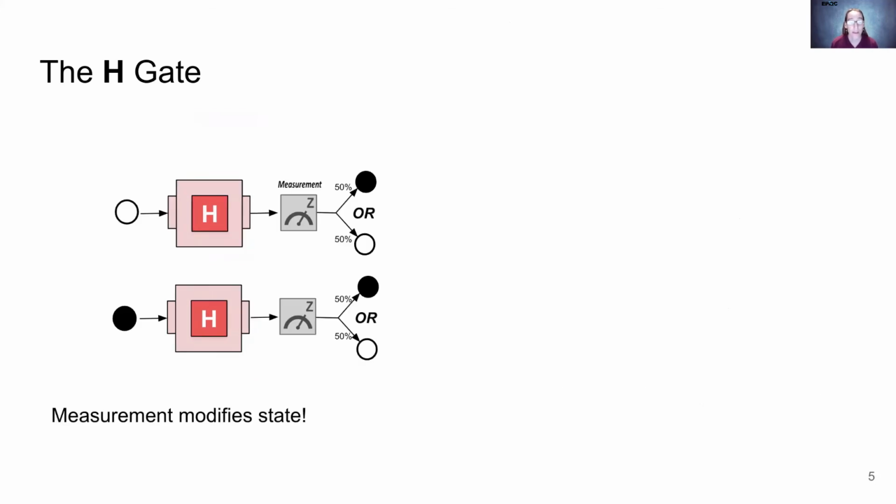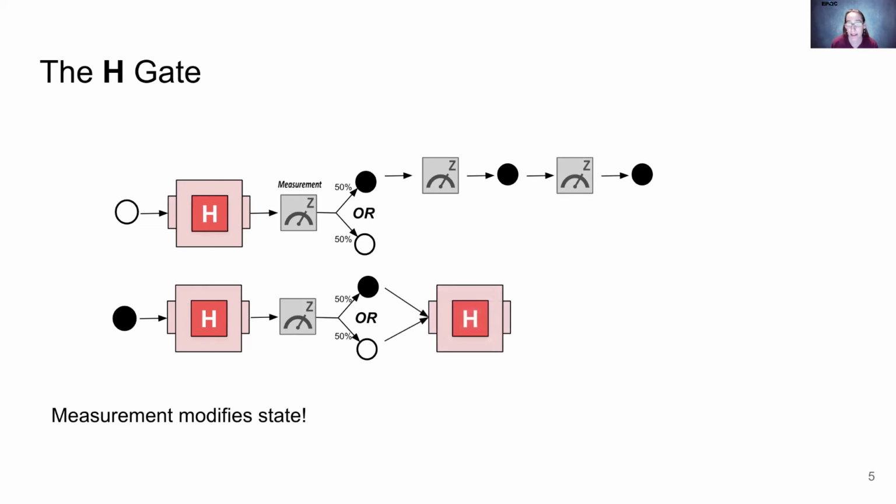All right, so the other interesting thing about measurement is that once measured, it is no longer in superposition. So if I measure it again, it's going to be black again. If it has the result of black and I keep measuring it, it will always have the result of black. However, if I put it back into an H gate, that puts it back into superposition again.